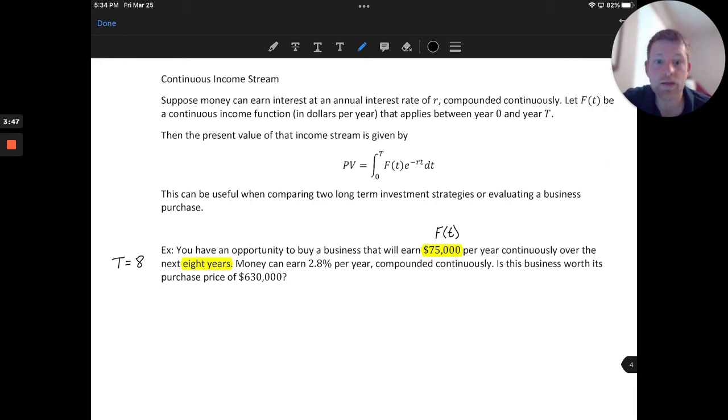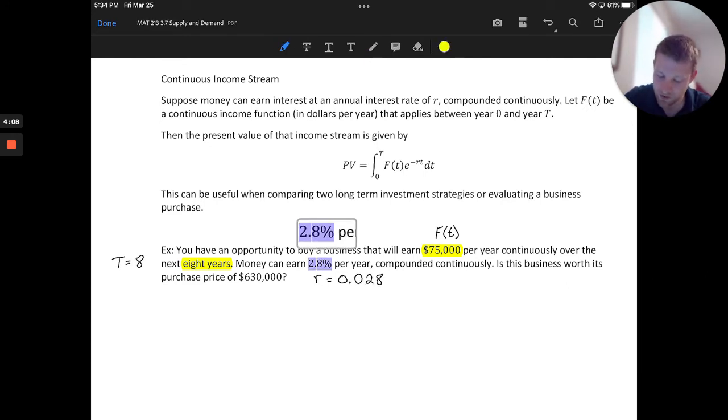The interest rate, I think pretty clearly, would be our R. And when we represent R here, we want to make sure that R is represented as a decimal. So we'll use R as 0.028, or 2.8%.